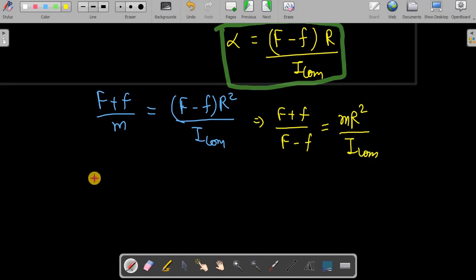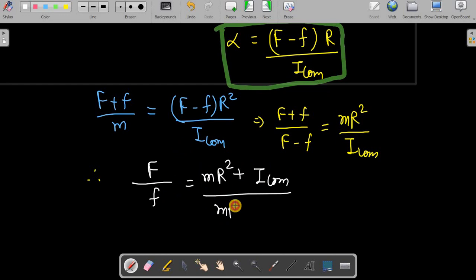Now, applying componendo and dividendo, one time you can add them and one time you can subtract them. When you add, 2F will come, and when you subtract, 2f will come. So this will become mR squared plus I center of mass, and this is mR squared minus I center of mass.